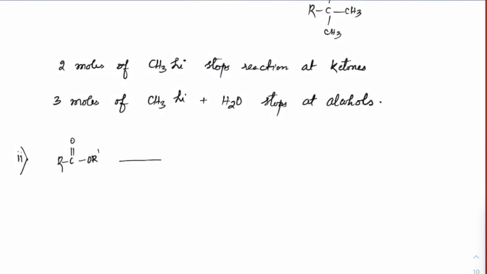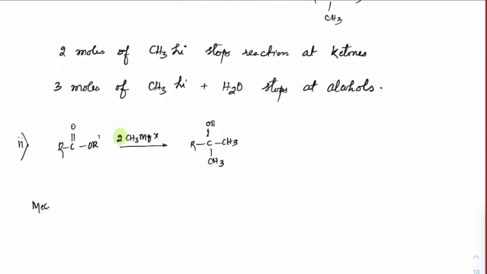If we treat ester with Grignard's reagent, then we can get tertiary alcohols, CH3, CH3, which means I require at least 2 moles of it. Let's see the mechanism.